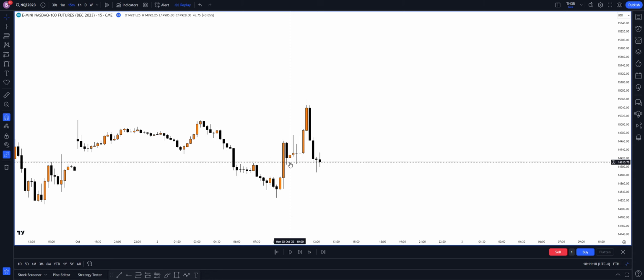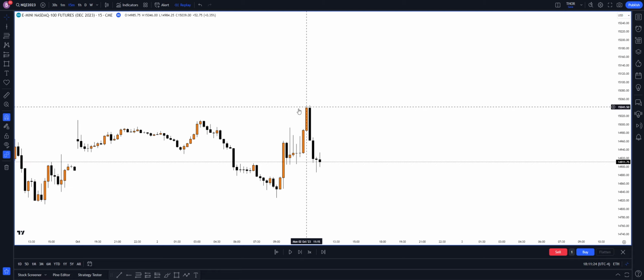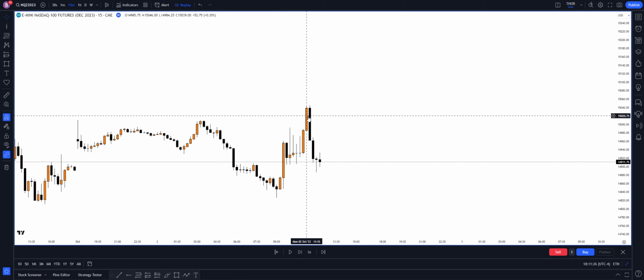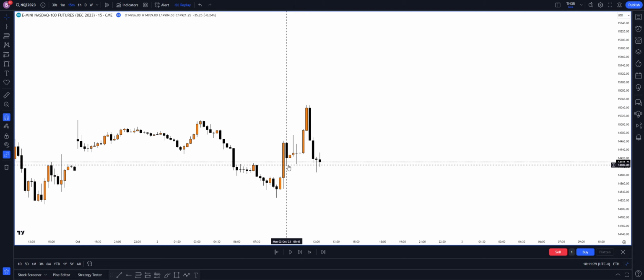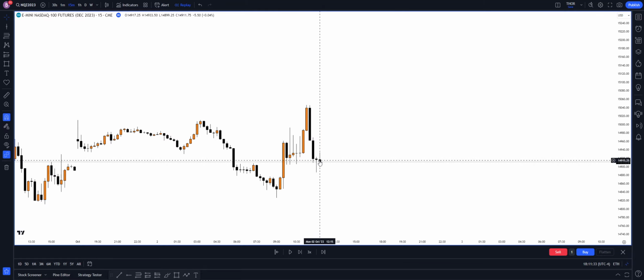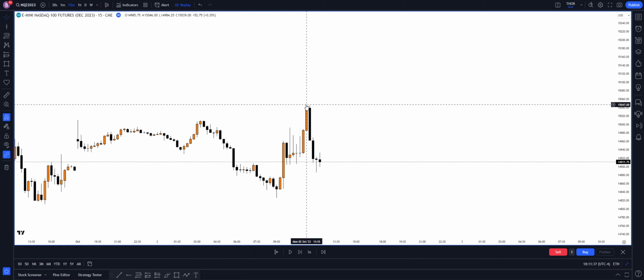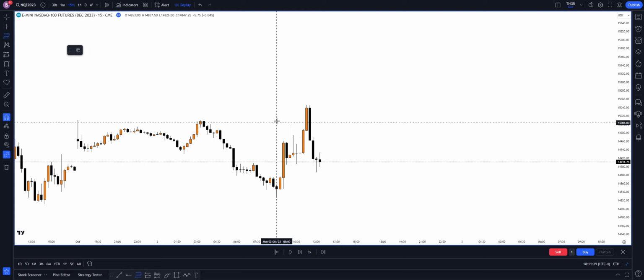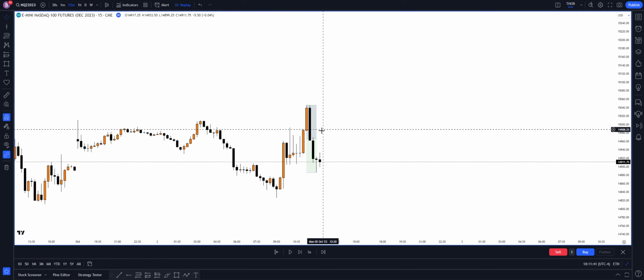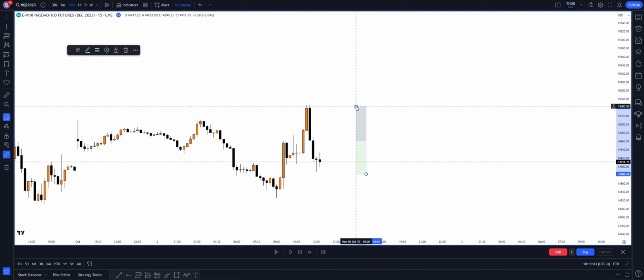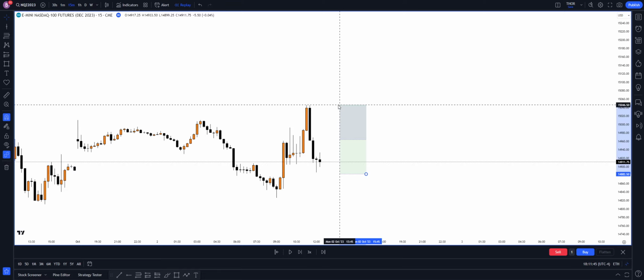New York Open is about right here. This candle is New York Open, and it trades higher. It takes out the buy side, then it rejects and attacks the sell side here. So once this candle closes here, it gives you the dealing range, from high to low, from here to here. This forms the morning session dealing range.